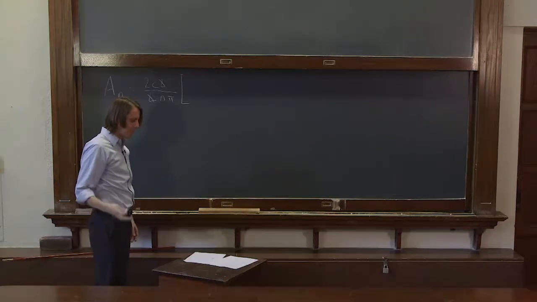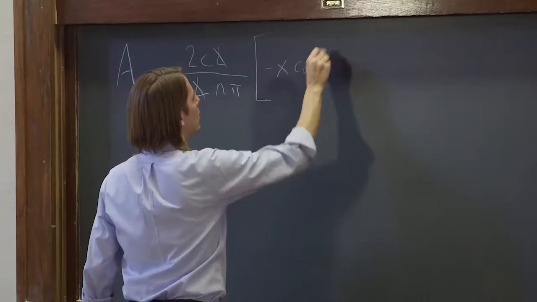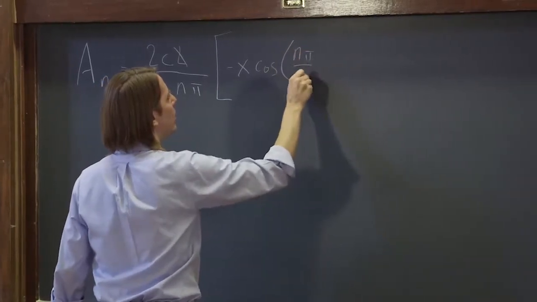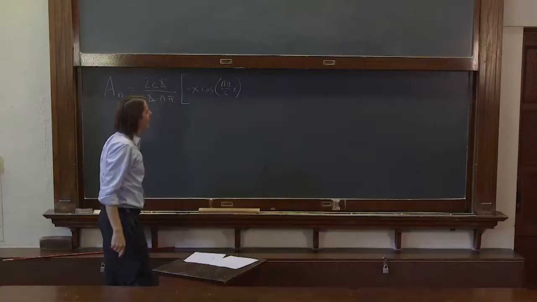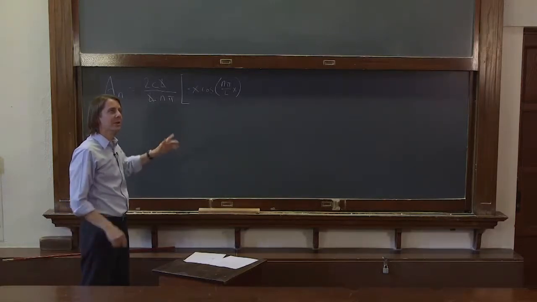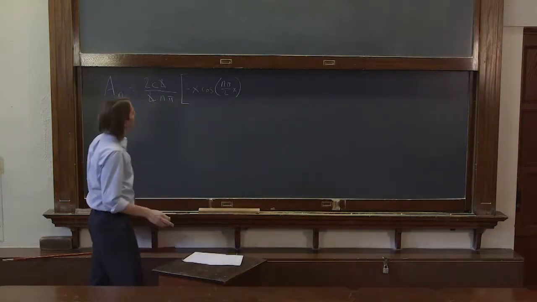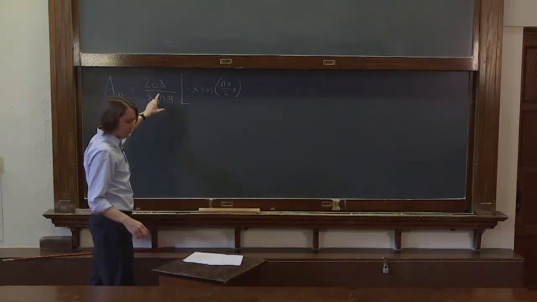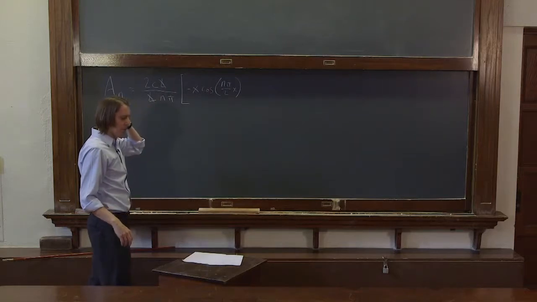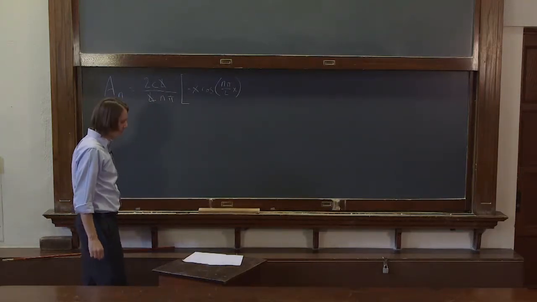So all that's left of the first one is minus x cosine n pi over Lx, and that's evaluated from 0 to L. But I'm going to go ahead and do the integral and then evaluate everything from 0 to L. So on the integral, we pulled out our L over n pi, so it was the integral of cosine n pi over Lx dx.